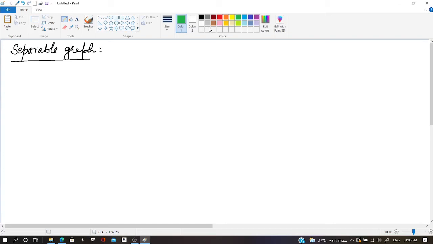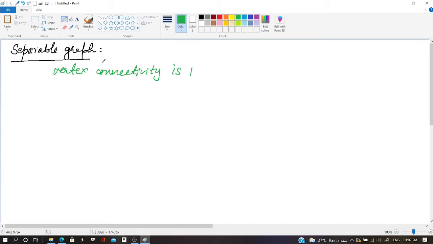So, if the vertex connectivity is 1, we can say that graph is a separable graph, and otherwise the graph is not separable. All other connected graphs are non-separable.